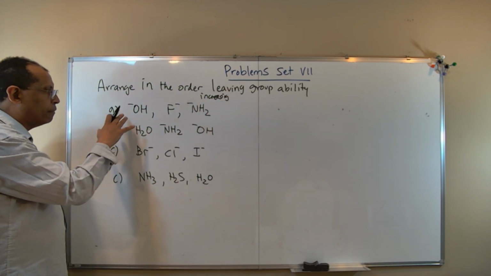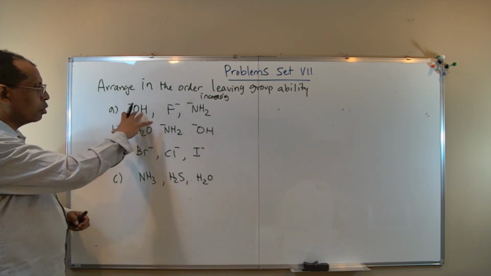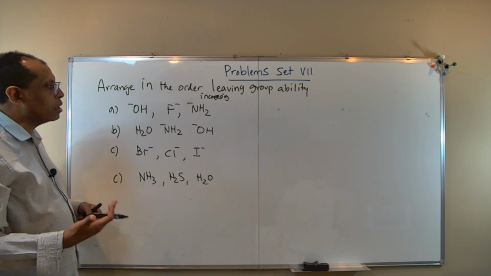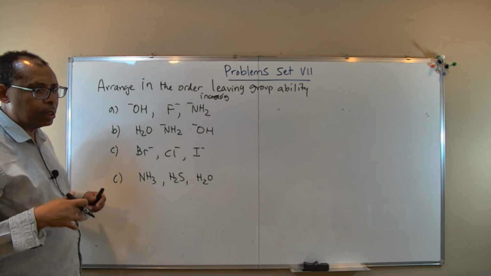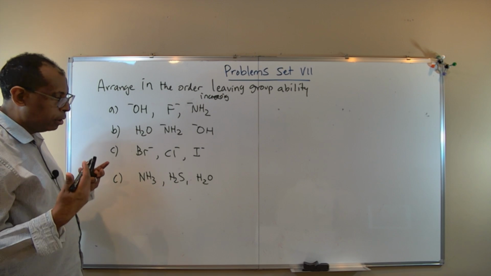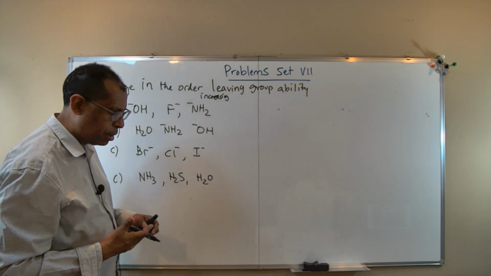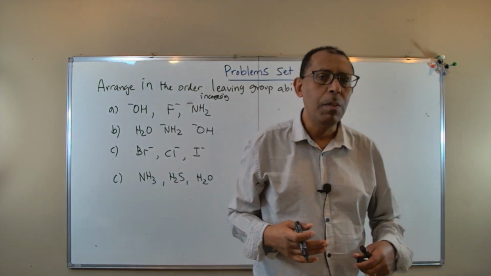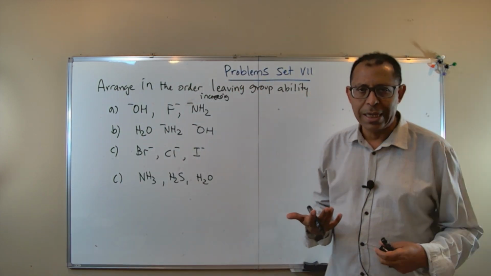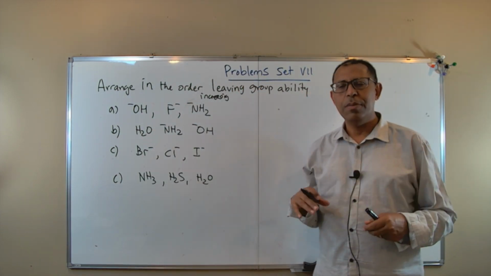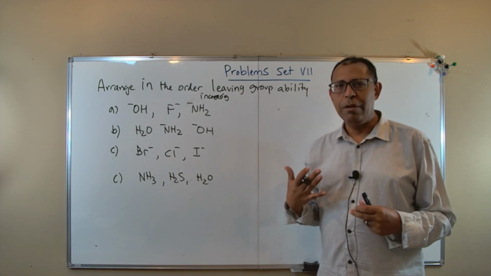You have different nucleophiles in a group, and we're going to arrange them in order of increasing leaving group ability. The way I want to see this is based on basicity or nucleophilicity. It's the opposite. Here we are asked about leaving group ability.